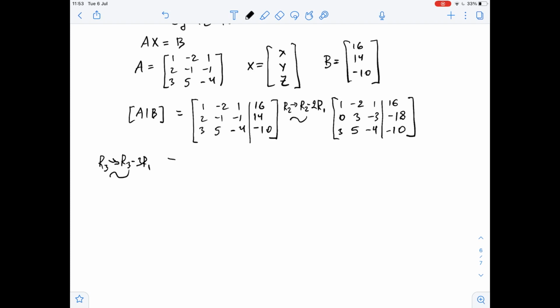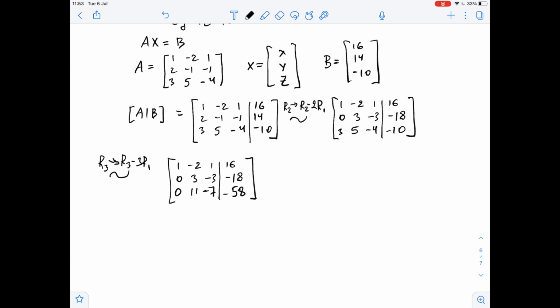And our matrix becomes, the first two rows stay the same. I'll just copy paste them. But the third row becomes 0, 11, -7, -58.